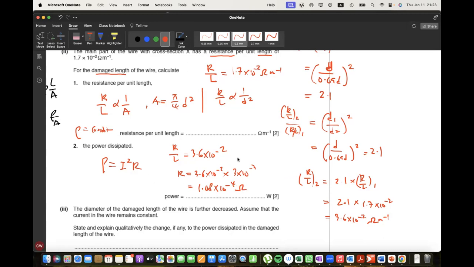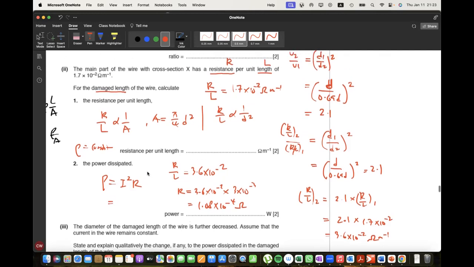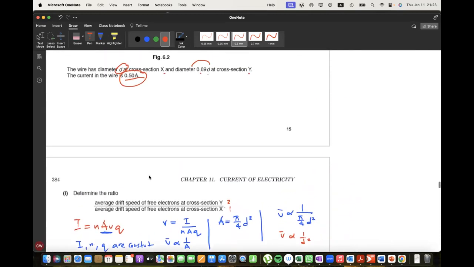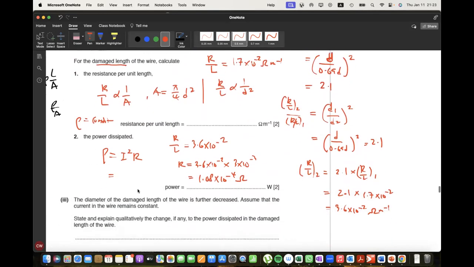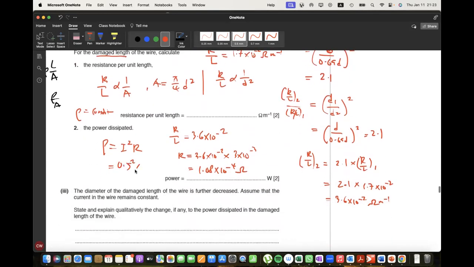Do you have the value of the current? Are we given the current for the question? 0.5. Can we use it here? Like that can get the answer, huh? What is the power again?